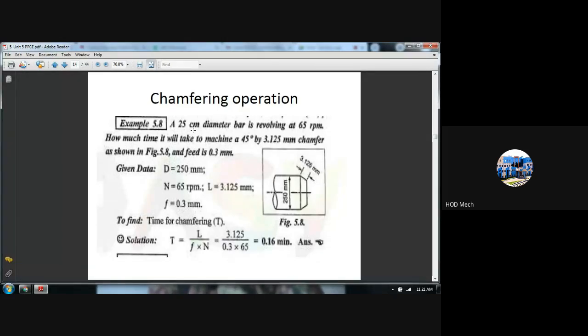A 25 centimeter diameter bar is revolving at 65 rpm. It is given as rpm, so what is it? Spindle speed, capital N. Listen carefully, here it says revolving at 65 rpm, so the symbol used is capital N.